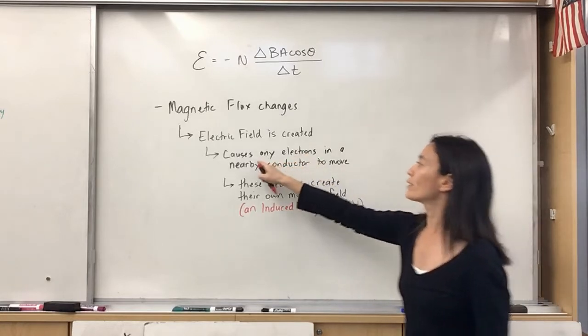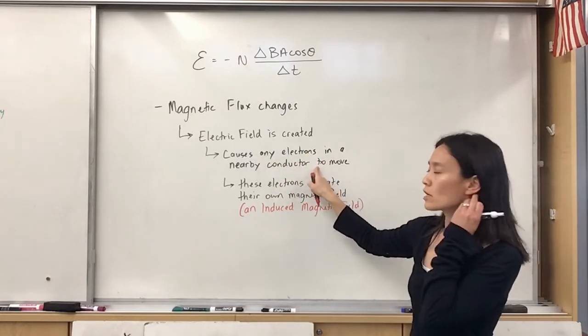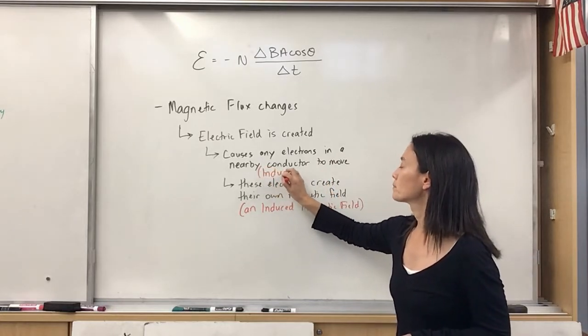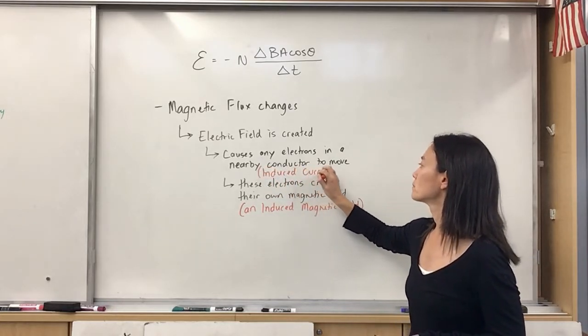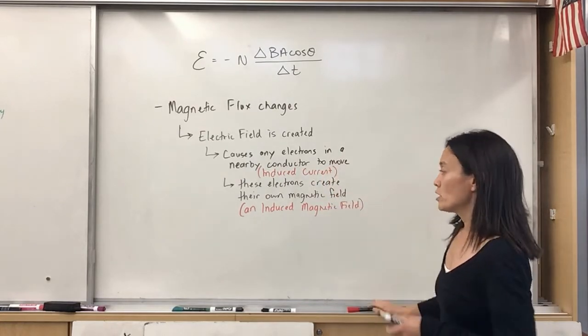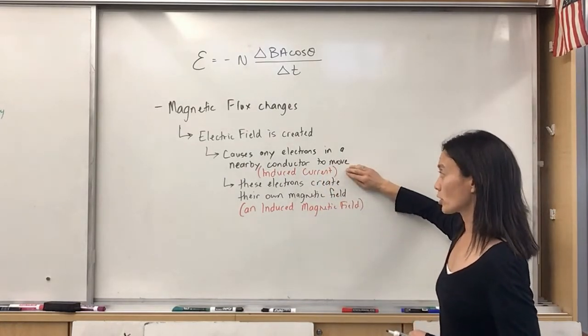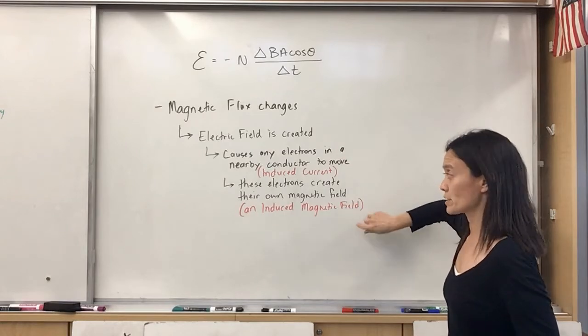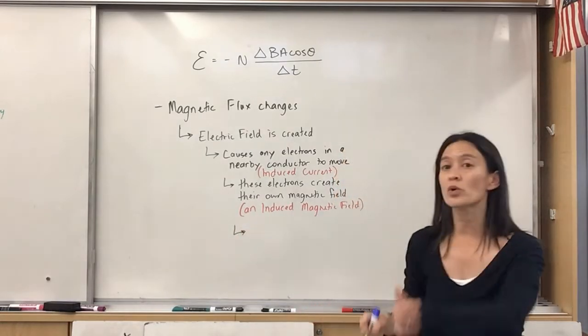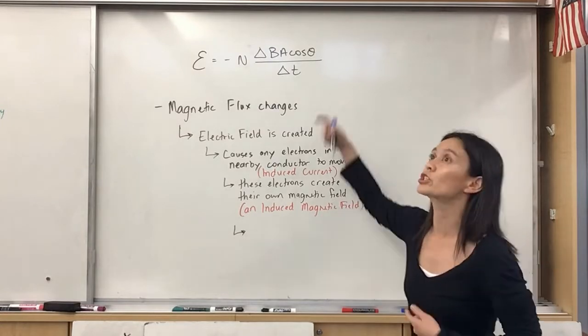And in fact, right here, this causes any electrons in a nearby conductor to move. This is an induced current, because anytime you have electrons moving, we call that a current. So this induced current is going to create its own magnetic field. We'll call this induced magnetic field. This induced magnetic field goes against the change in the original magnetic field.